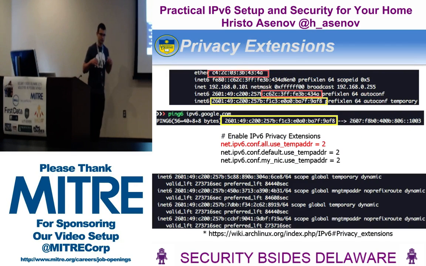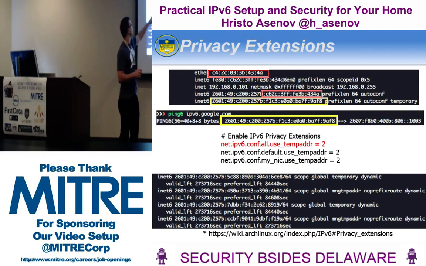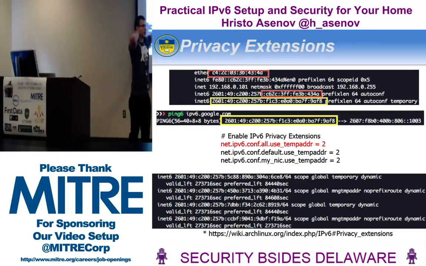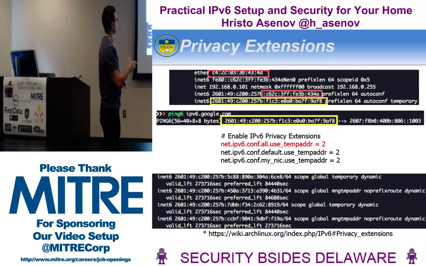So when you get these addresses, you usually get two addresses. And the first address is actually derived from your MAC address. So you can see up top that the first v6 address is similar to the MAC address, and from that address you can derive what the MAC address is.